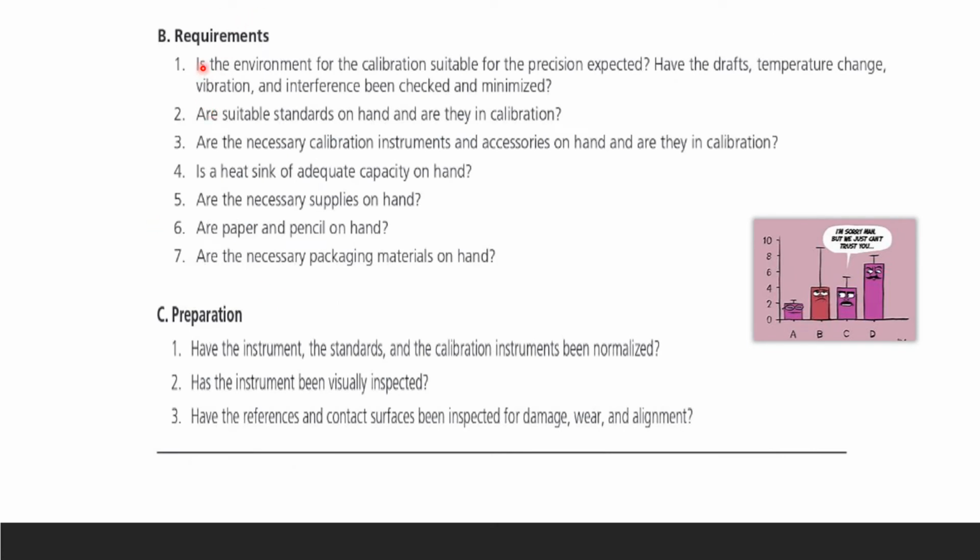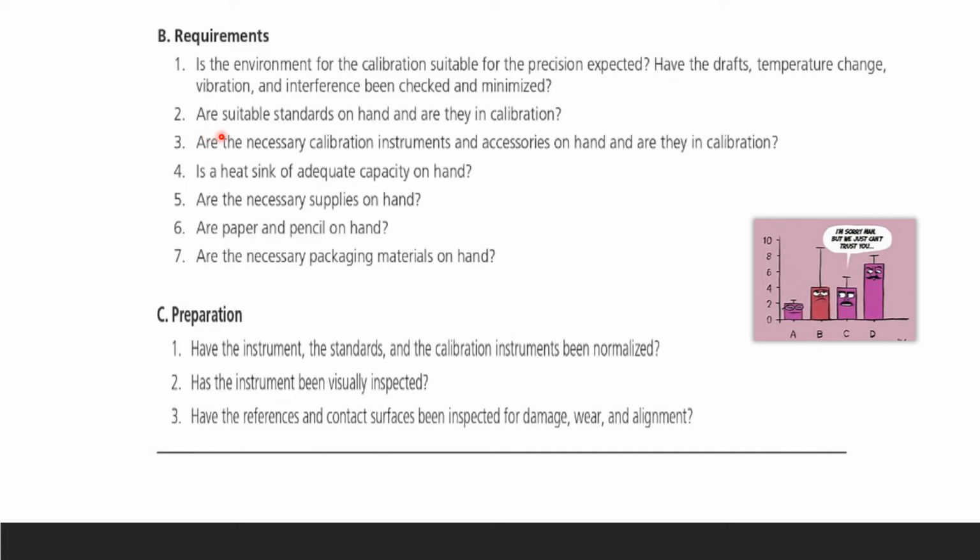Okay, so the next pre-calibration check is requirements. Here what we're doing is checking whether the environment for the calibration is suitable for the precision expected. So you check your temperature, humidity, the people around there, okay, drafts, temperature change, vibration, interference, check everything. Your lab has got to be super clean, and being without dirt is better for calibration.